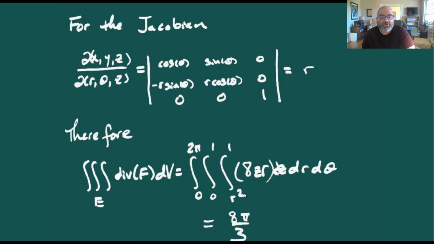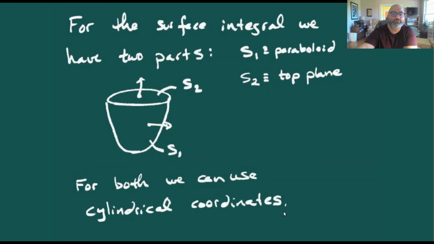Z has got to come first, remember, because z depends on r. So we've got z from r squared up to 1, r going from 0 to 1, and theta going from 0 to 2 pi. So it's a nice polynomial that we integrate, and we get a nice clean answer of 8 pi over 3 for our volume integral.